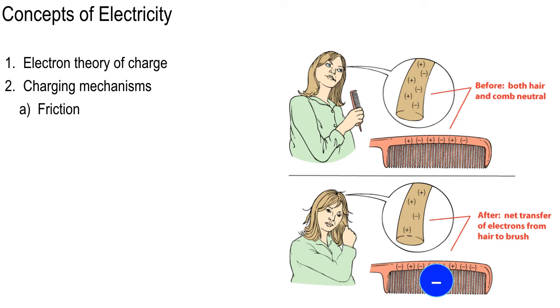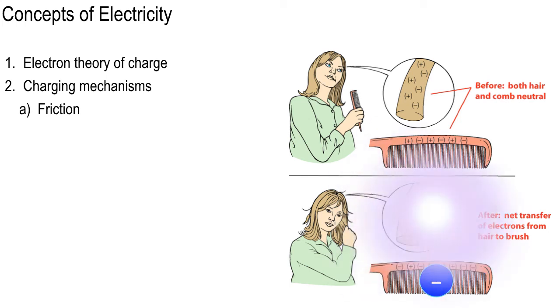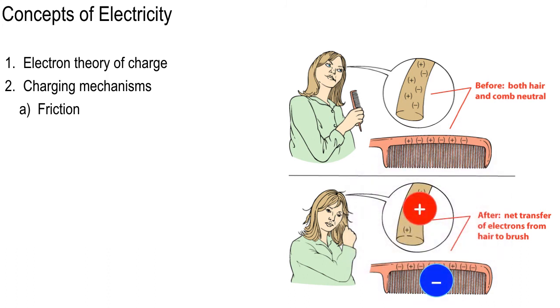They tend to stick to the comb, and the hair loses electrons. So the hair tends to become positively charged, and the comb negatively charged. Right? And so that's what's called triboelectricity. Tribo. Triboelectricity, from the root word tribulum, which means to rub or to thresh.